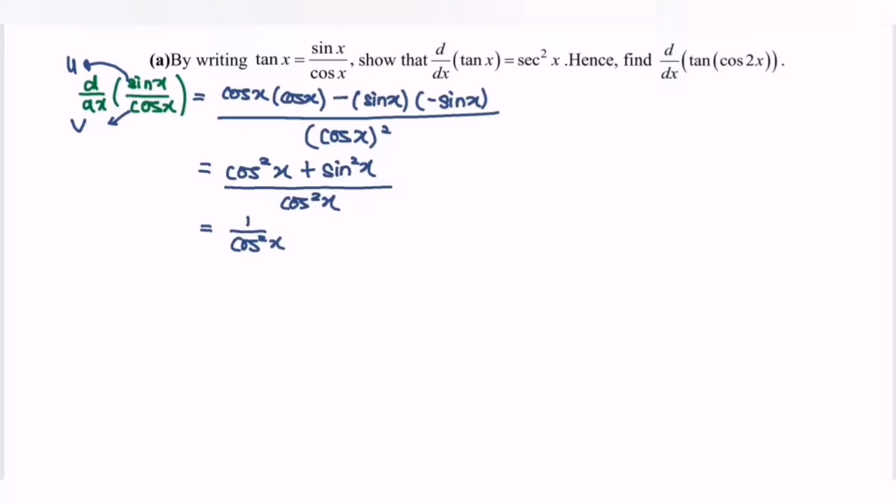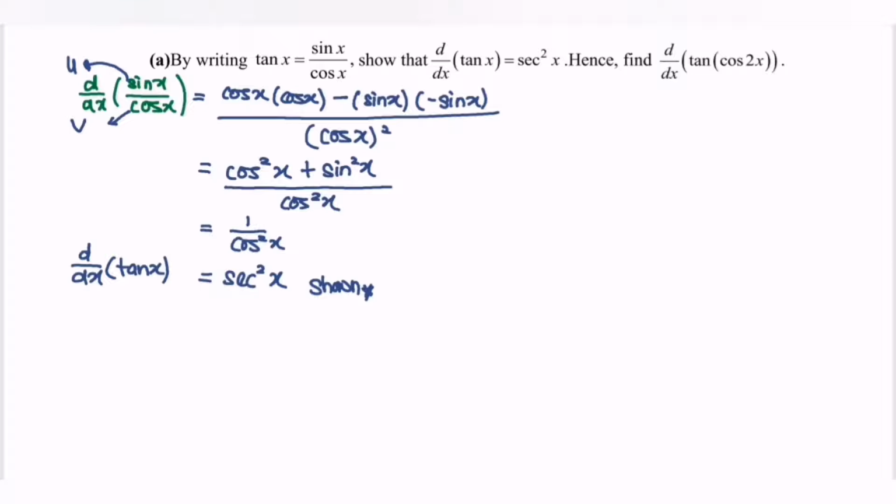Based on the trigo ratio, 1 over cos square x is equals to secant square x. So finally, differentiate tangent x with respect to x is equals to secant square x. The statement has been shown.